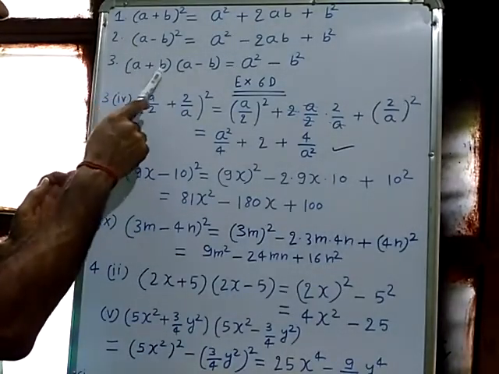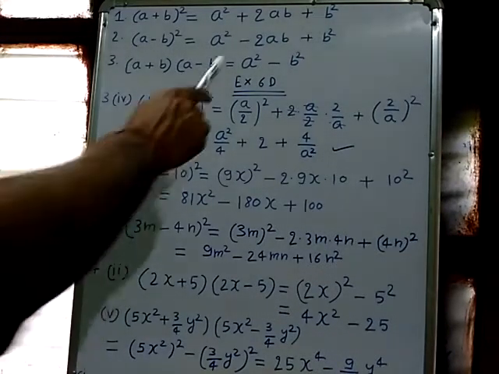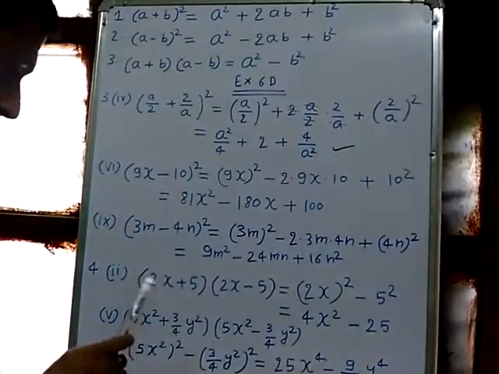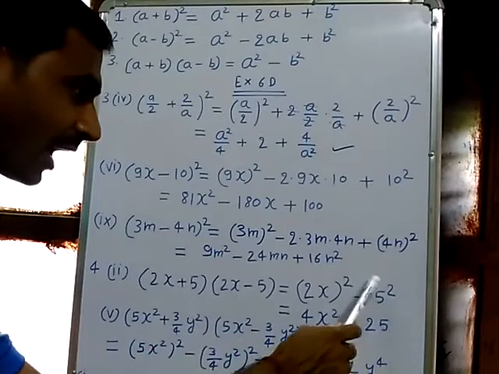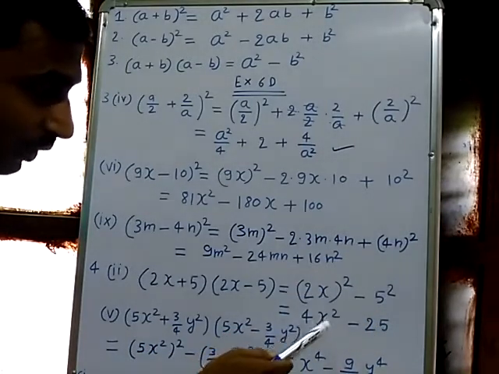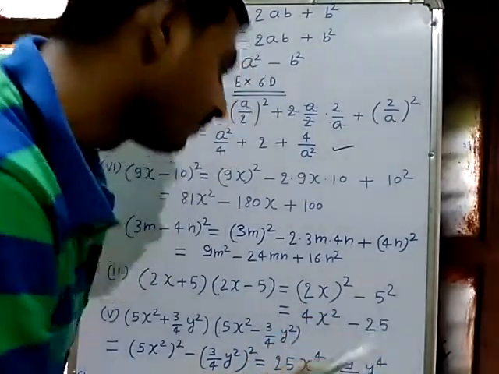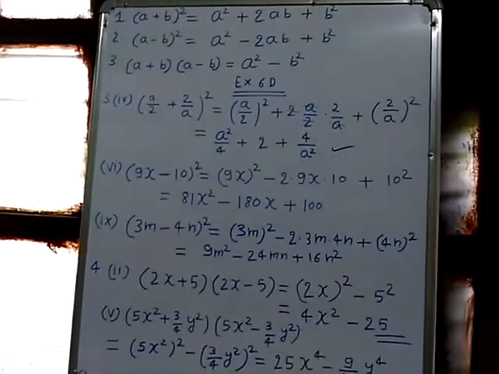What is a plus b into a minus b? It is equal to a square minus b square. So therefore 2x the whole square minus 5 the whole square. What is 2 square? 4, and x square is x square. So 4x square minus 5 square, 25. So its answer is 4x square minus 25.